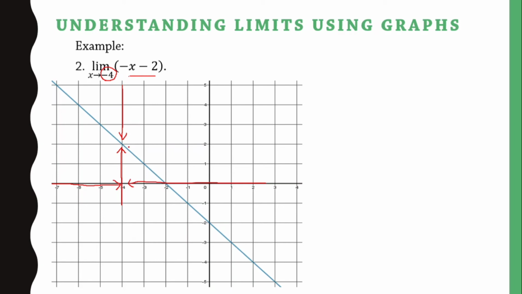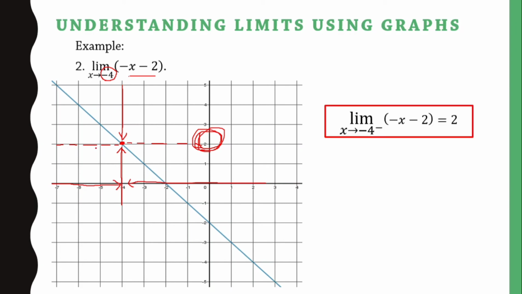Let's see what value of y it approaches. As it approaches negative 4, what value of y is this? It appears to be positive 2, positive 2 from the left and from the right.